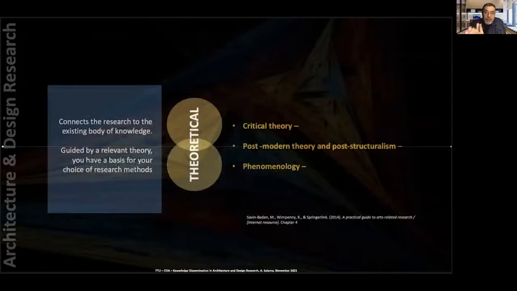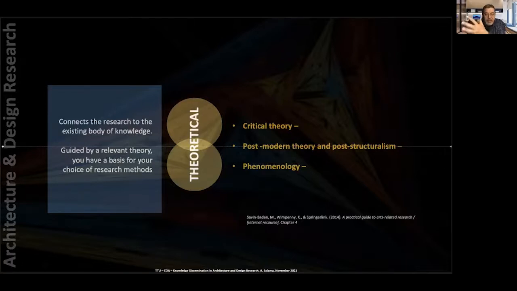Research could also be purely theoretical, which many in architecture and allied disciplines undertake, and it tries to link current research with the existing body of knowledge. Basically, theoretical research is guided by theory, and it attempts to contribute to the development of theories. It is applicable to social science research and to theoretical research in the arts and humanities, and includes approaches based on three theories, as we can see here: critical theory, postmodern theory, and phenomenology.